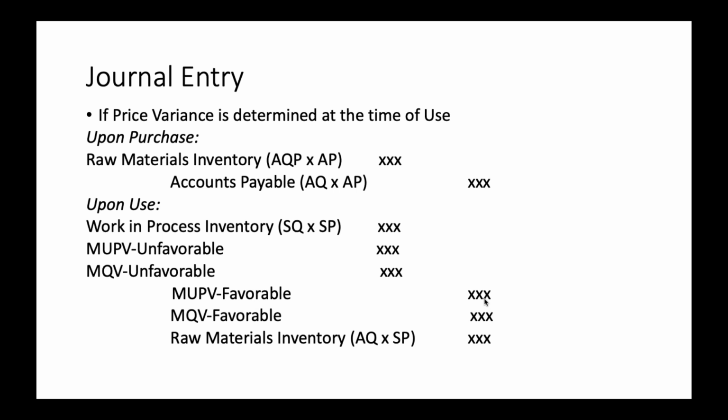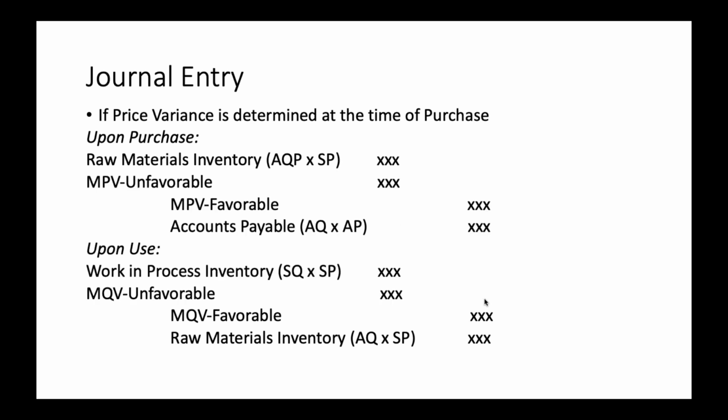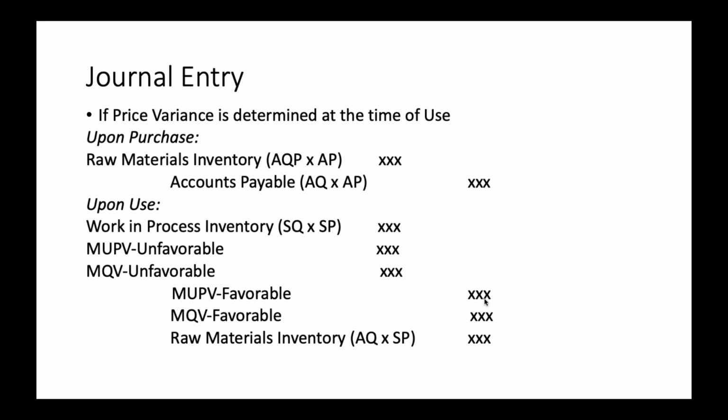Okay, so the same analysis applies whether it is discovered during purchase or during use. It's just that the entry for the variance relative to price is recorded upon use.